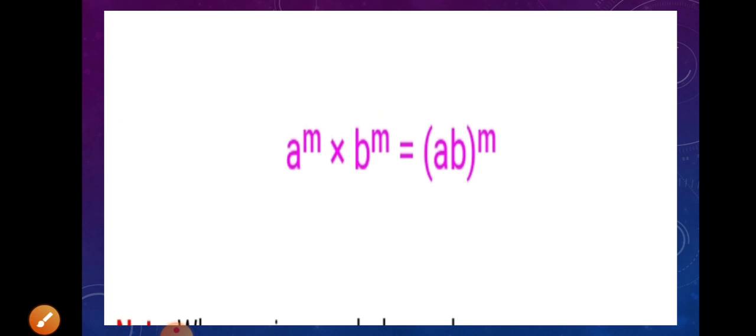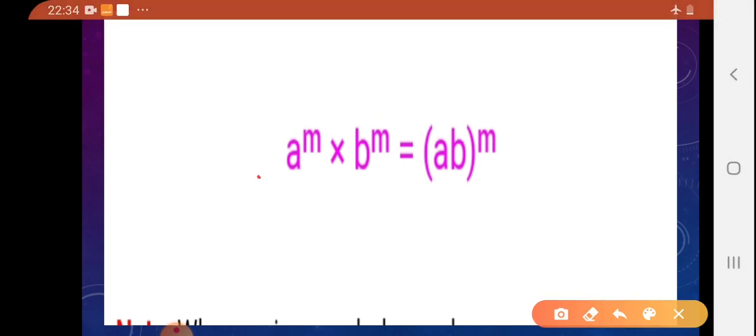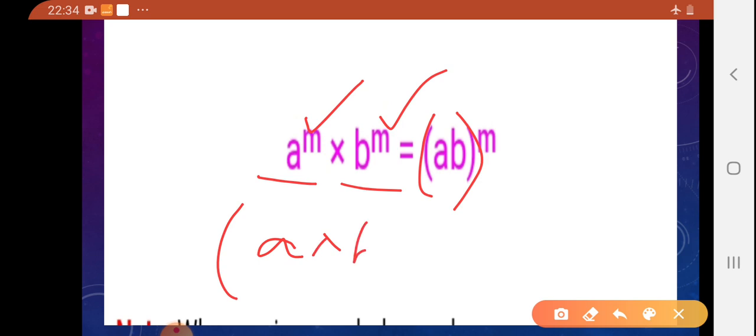Now the next law says that if two numbers have different bases, here a is the base and here b is the base, but the power is the same, then the bases will be multiplied and we will write it whole to the same power. Means a into b whole to the power m.